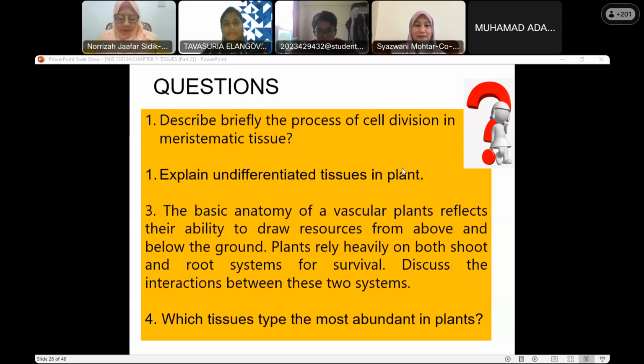It involves a series of steps that lead to the formation of 2 identical cells from a single parent cell. Before this, you also covered the mitosis process in the animal tissues, right?